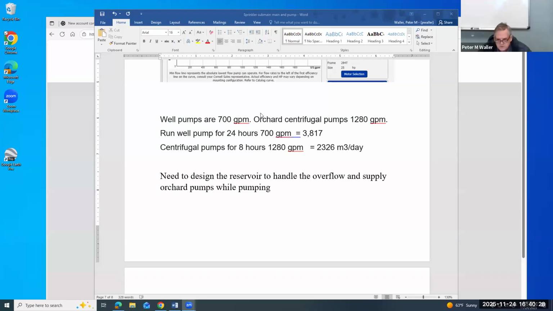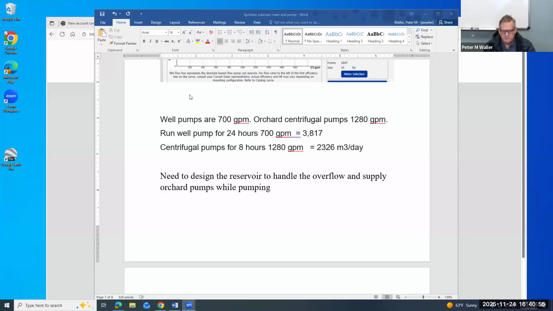Okay, so now we come to the reservoir design. In previous reports that we looked at, in basically phase one, I think several students, or at least one student, found that the well pumps supply 700 gallons per minute. And our orchard centrifugal pumps, for 5,000 liters per minute, supply 1,280 gallons per minute.